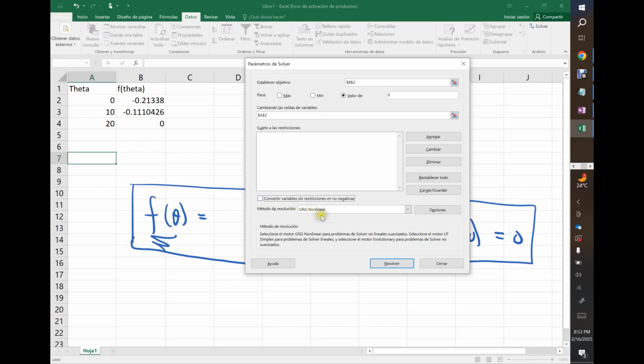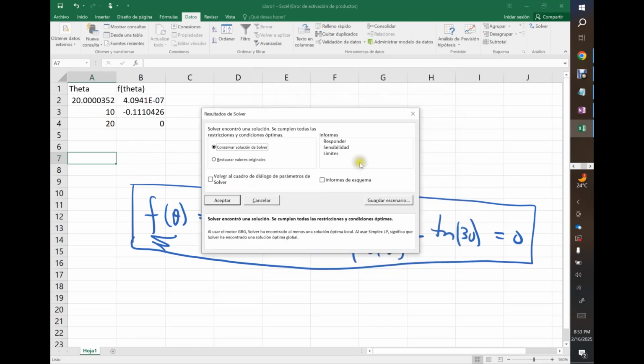And maybe nonlinear is perfect for me, no problem there. Anything else? No, just solve, and let's see what the system will do.